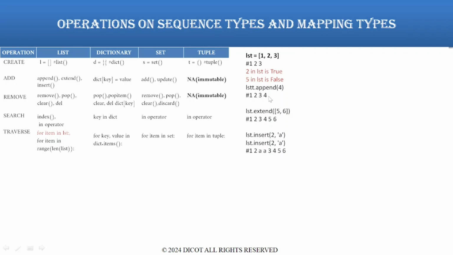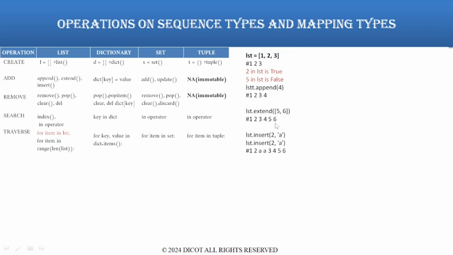So, the output will be 1, 2, 3, 4. Next, we can extend one list with another list using the extend function. We have another list with values 5, 6. When we do extension, 1, 2, 3, 4 becomes 1, 2, 3, 4, 5, 6.